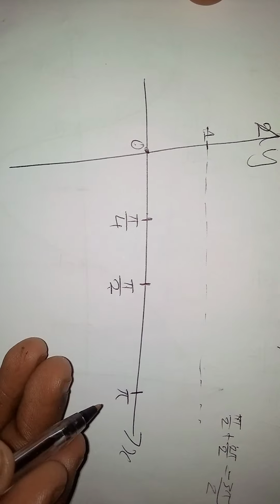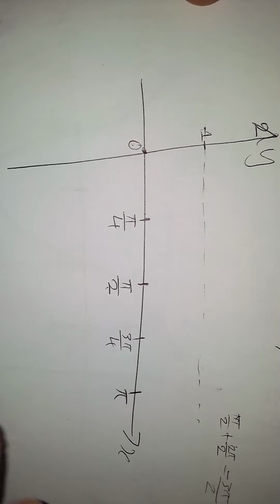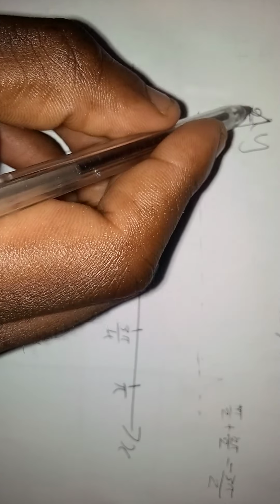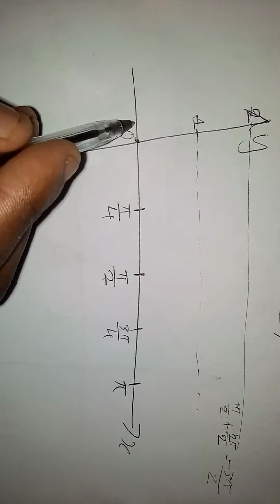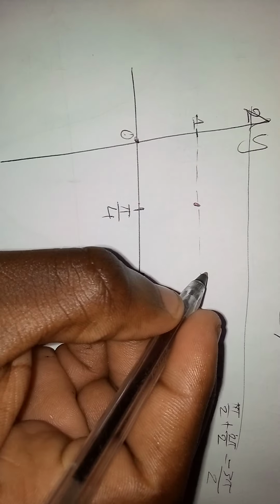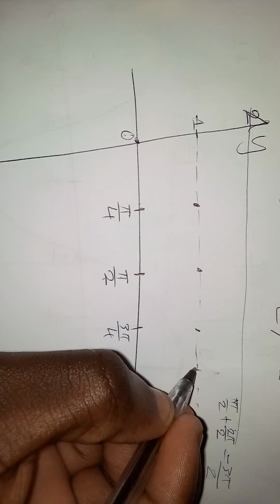This multiplied by half will be 3 pi over 4. Then these points will be within this interval, so this point shifted here, this one is here, and this one is now here.